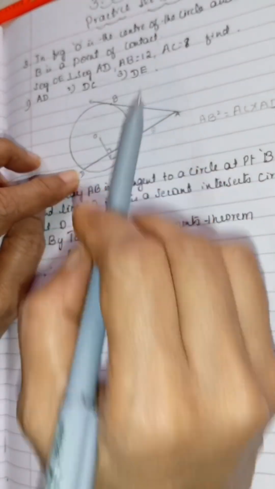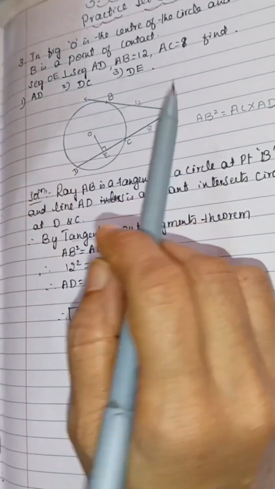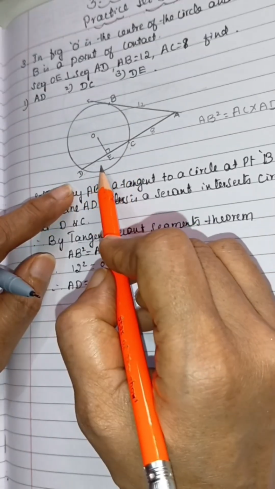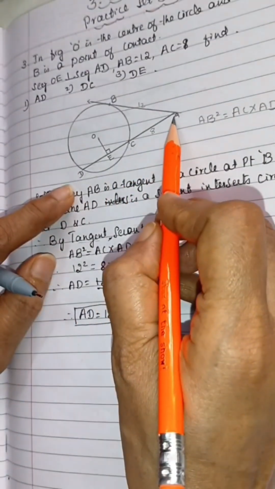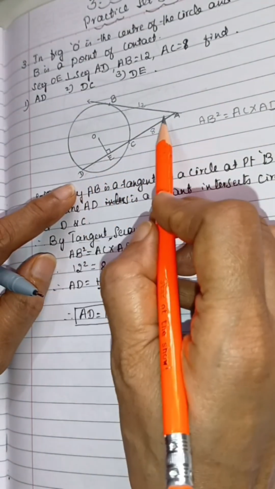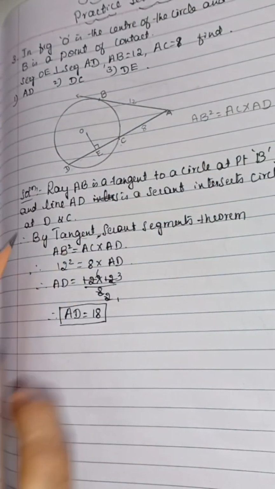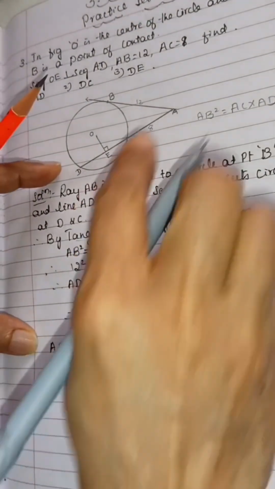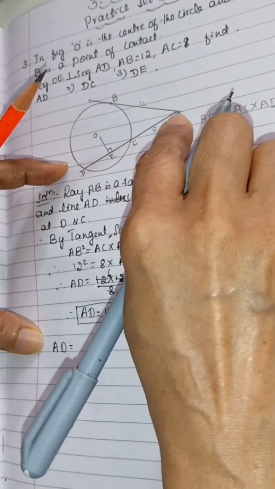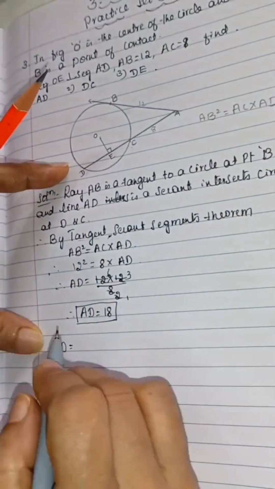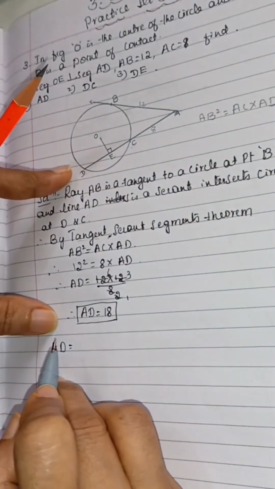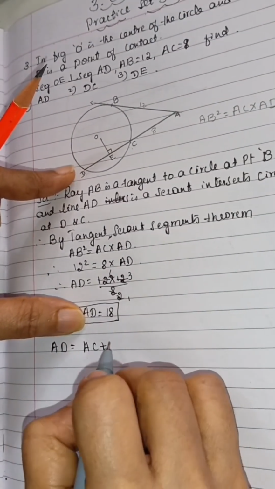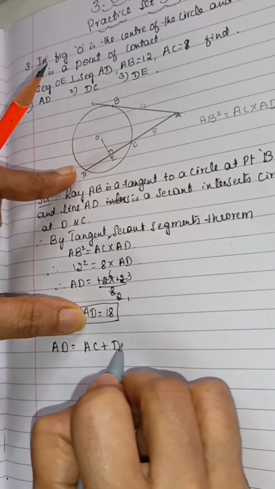Here AC is given as 8, and we have to find DC. We know the measurement of AD. Therefore AD is AC plus DC.